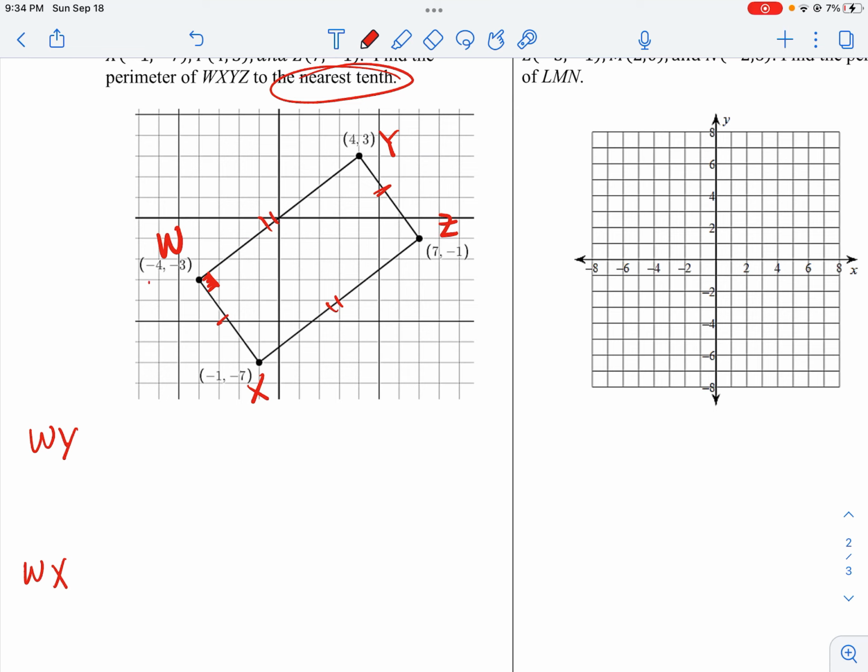So I'm going to call W X1, Y1, and Y X2, Y2. So that I have 4 minus a -4 squared plus 3 minus a -3 squared. That's 8 squared plus 6 squared, so that's 10.